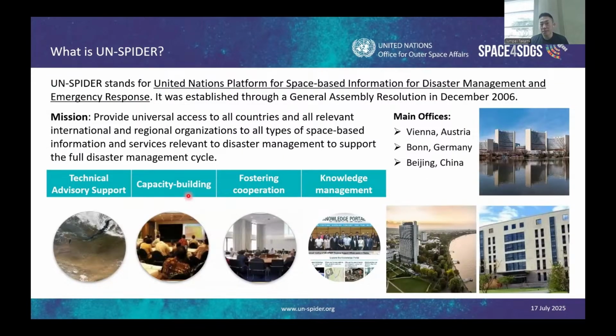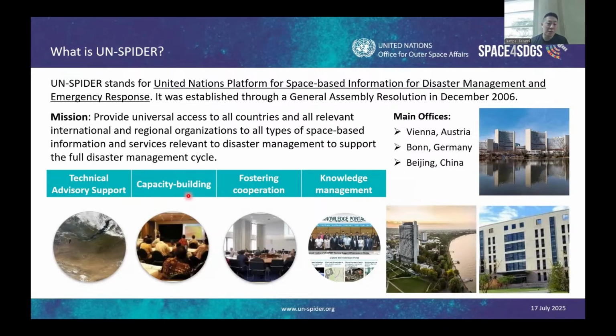Now focusing on the UN-SPIDER topic. UN-SPIDER stands for a very long name, and our headquarters is in Vienna, but we also have offices in Bonn, Germany, and Beijing, China.